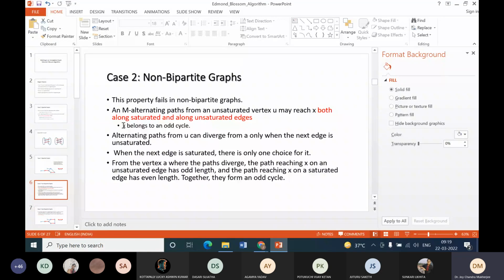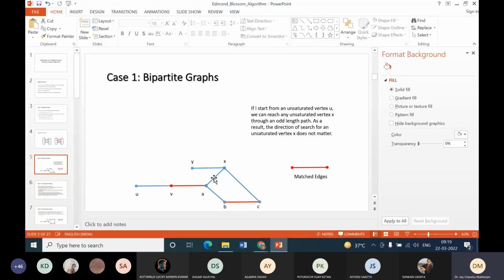So यहाँ पे जैसे सर्च डायरेक्शन मैटर नहीं कर रहा है. In any way we reach X through UVAX, that is also... so we can draw another figure also like this in a similar.